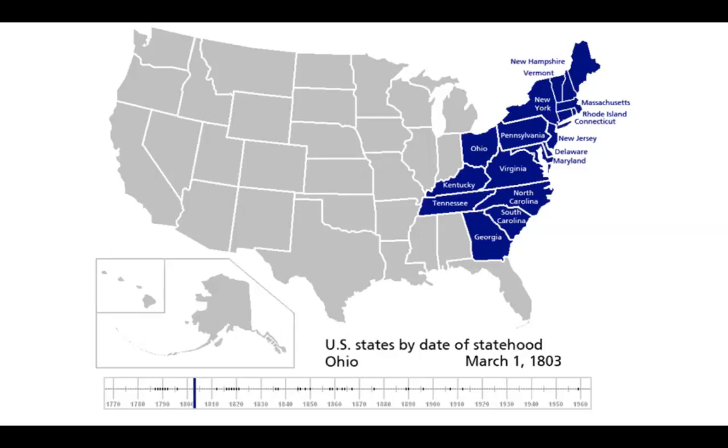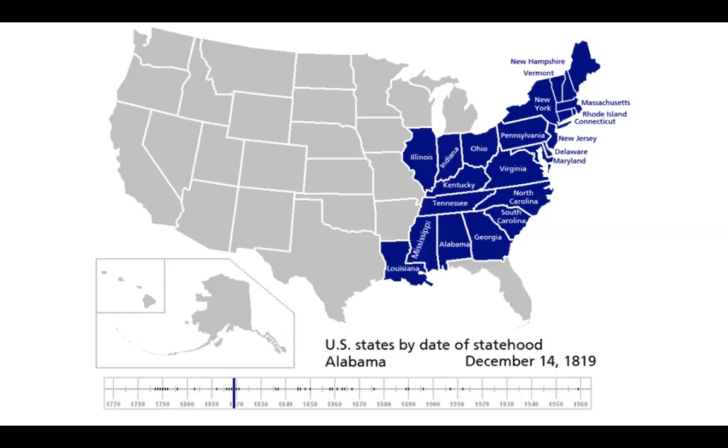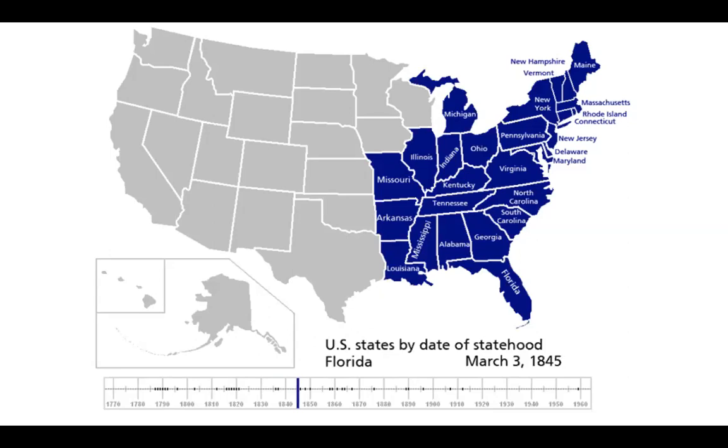Kentucky and Tennessee come in, Ohio, which was called the Northwest Territory. Louisiana will come in. A lot of these other states that come in now are all part of the Louisiana Purchase territory that we get from France. So Missouri, we'll talk a little bit more about Missouri later today. Florida comes in, and big old Texas.